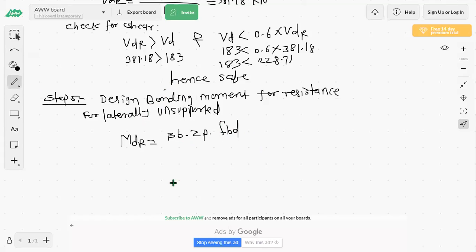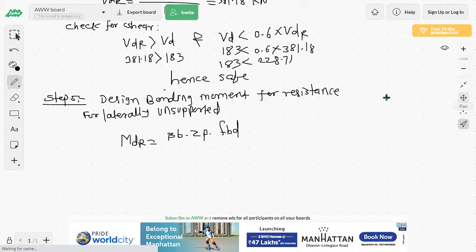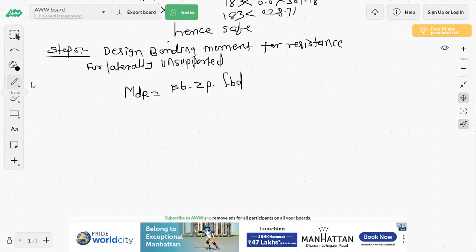Now here we have to calculate FBD first. So what is FBD? Again you have to see the formula: zeta LT into Fy divided by gamma m naught. So for that again we have to calculate zeta LT.